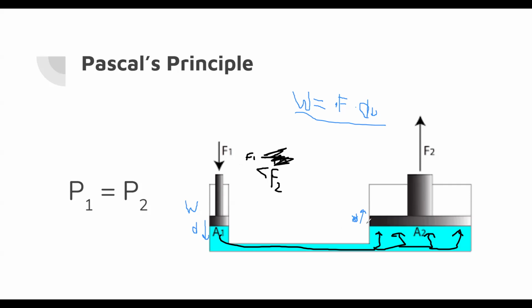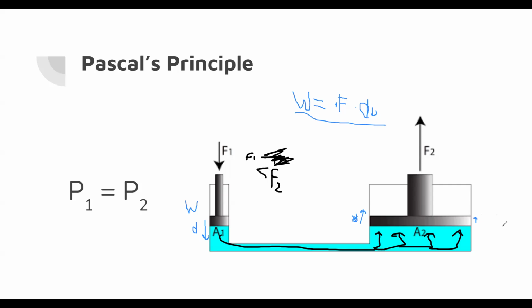Now let's say we get a much larger force and we go up the same distance d. We're going to have created work, right? We're creating energy. Which is why we can't actually go that far up with these hydraulic systems. So this will only go up a little bit, but it'll be a lot easier to push, but it won't go up as far.